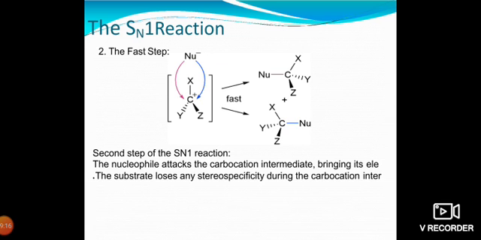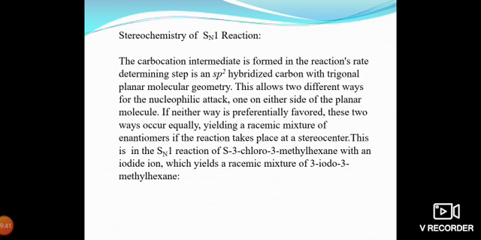In the first step, the carbocation is formed. The formation of the carbocation is the rate determining step, and this carbocation is sp2 hybridized, and it is a trigonal planar molecule.